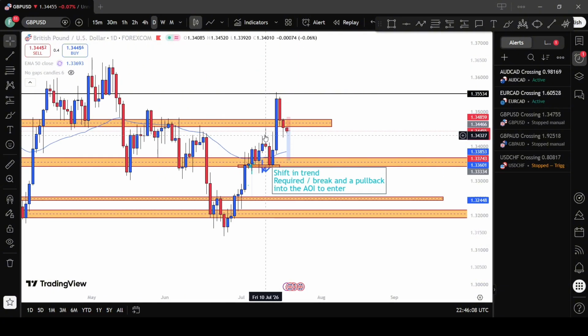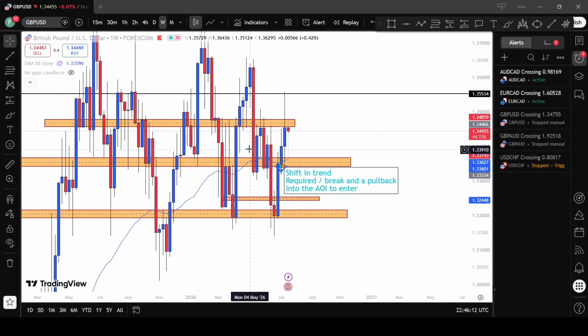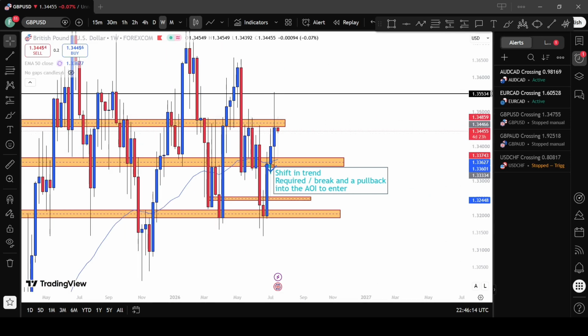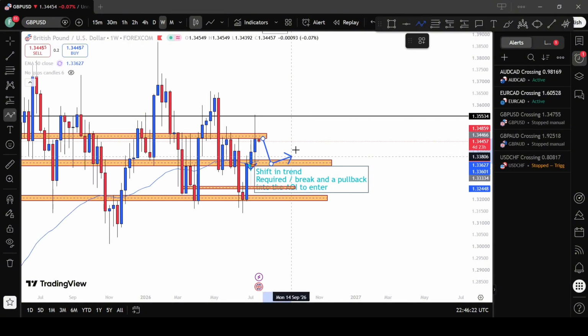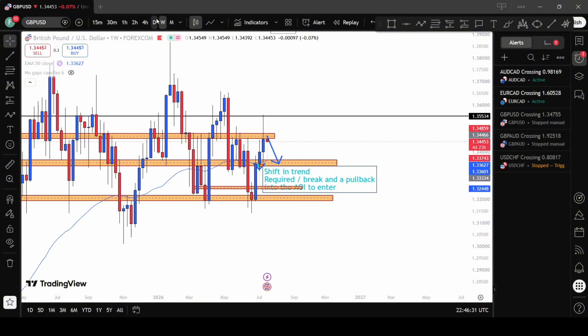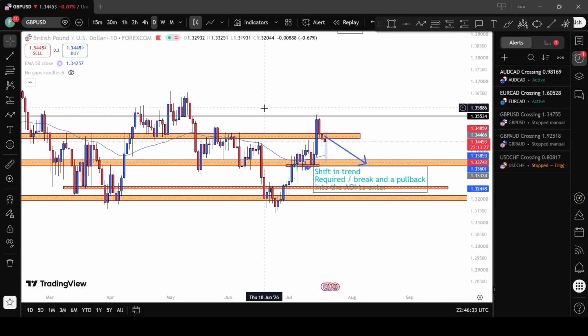So here, we're looking to take this straight to the downside, because on the weekly time frame you can see that we're pretty much bullish, right? And we're looking for a retracement back into this area of interest right here. So from this area of interest to this area of interest, to take ourselves from here back to here, that's what I'm looking for. The weekly time frame is also bullish.